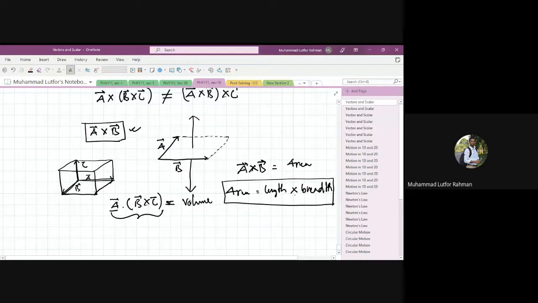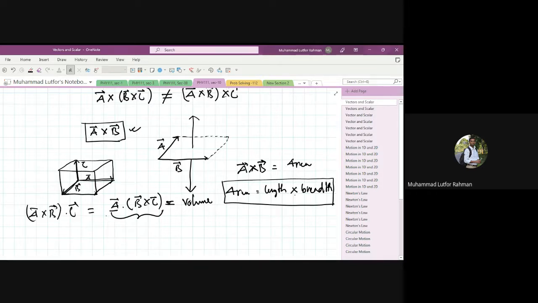That will give you basically the volume, which is a scalar quantity. And that's why the volume of a room will be the same. It doesn't matter whether you take A cross B dot C, A dot B cross C, or C cross A dot B, that will give you the same thing, which is the volume, a scalar quantity. It will remain the same.